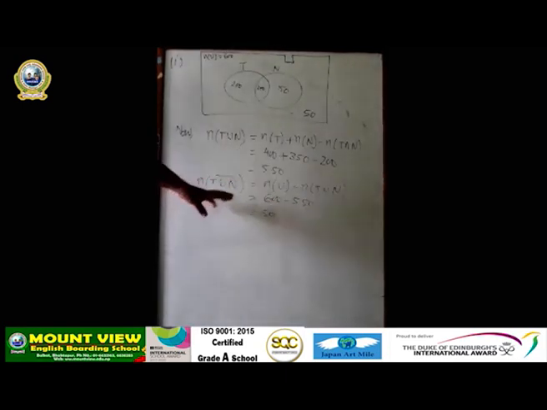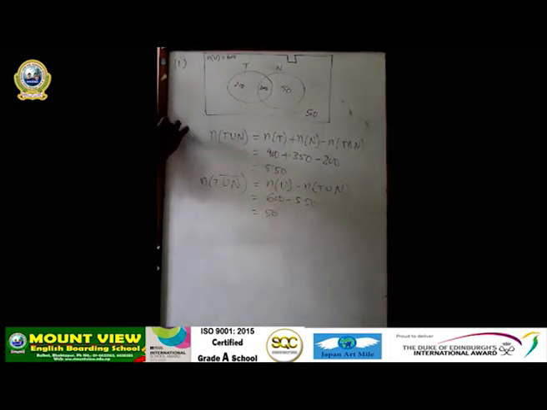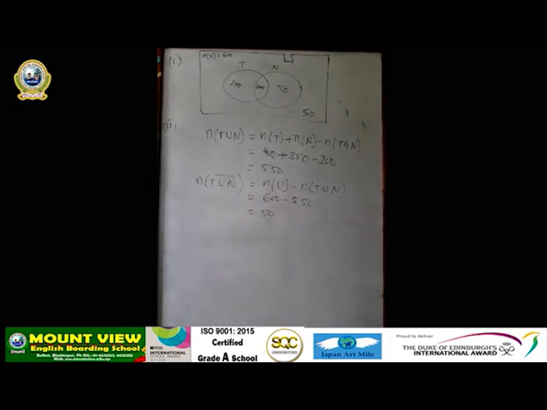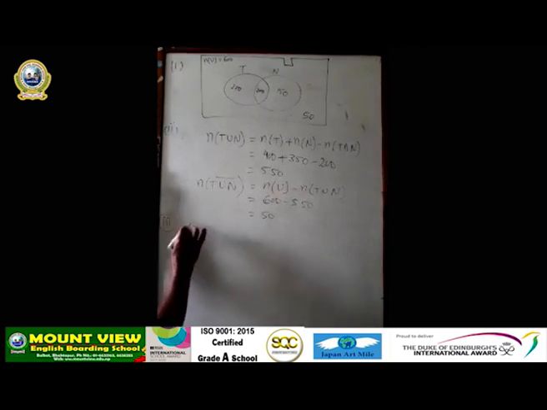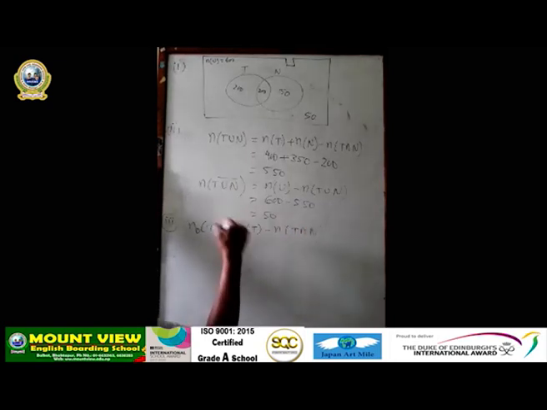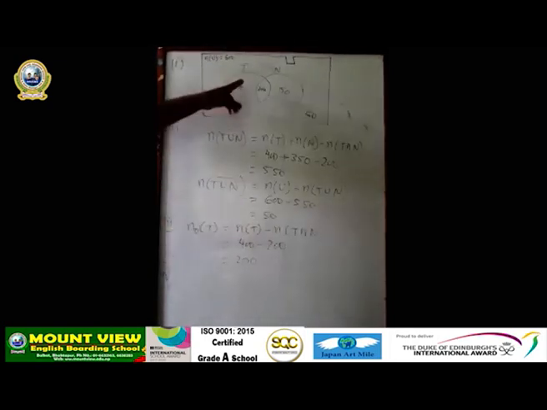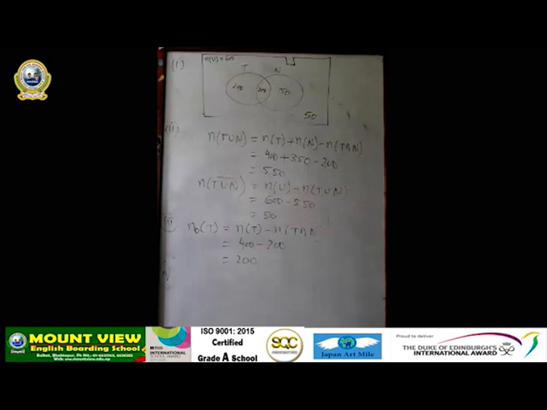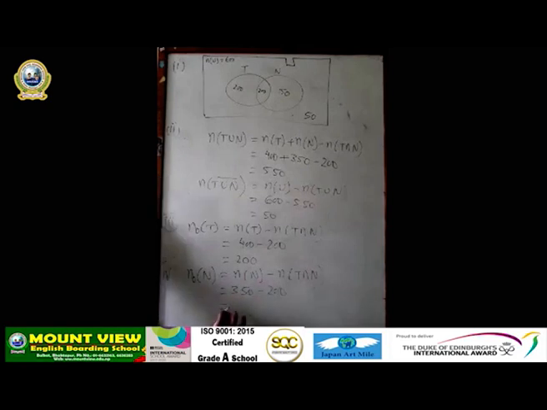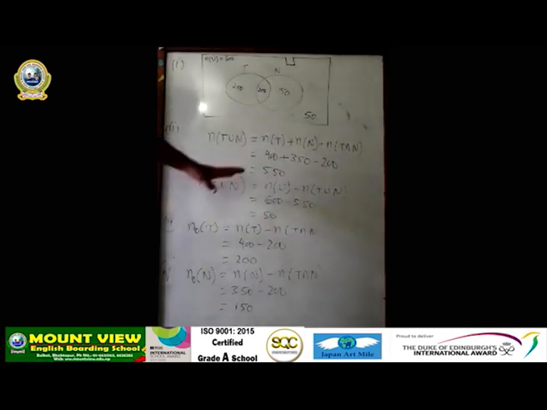Total Tamang 400, total Nepali 350, minus 200, that means 550. And n(T union N complement) is n(U) minus n(T union N), 600 minus 550, that means 50 people could not speak any of these two languages. So your answer is 50. This is your second part.